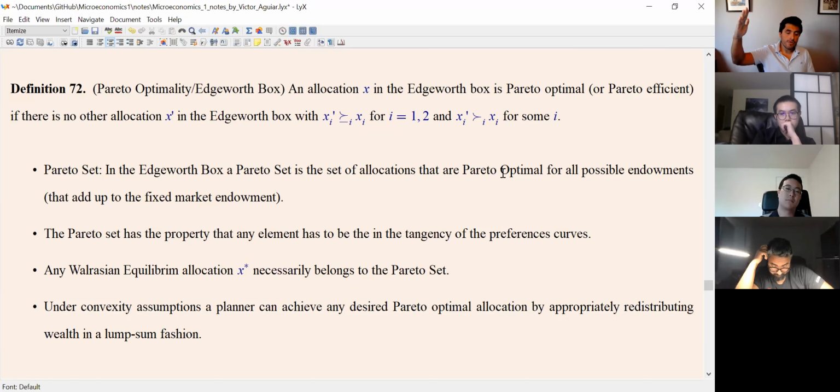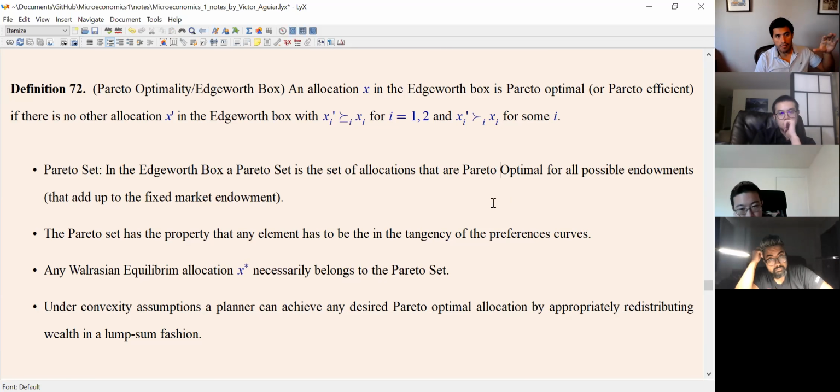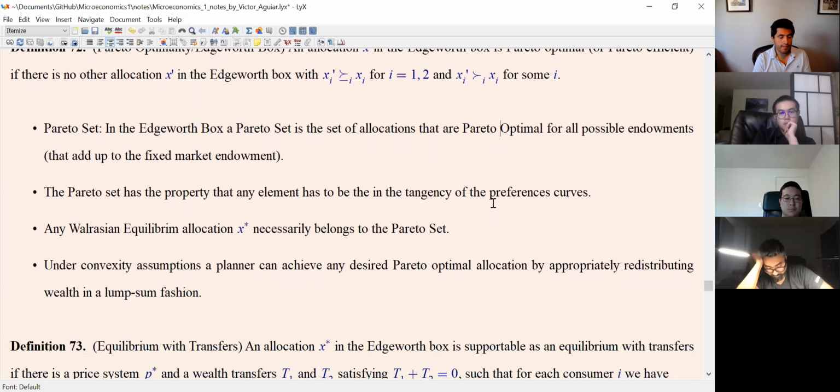So a Pareto set is all the allocations that allow no waste. When someone is throwing into the trash things that are desirable to the other party in the box, that's of course wasteful and is not in the Pareto set.